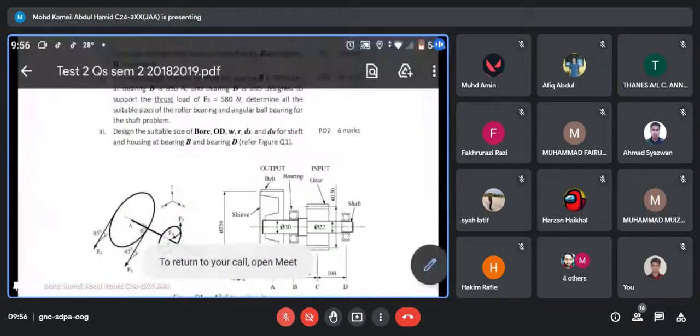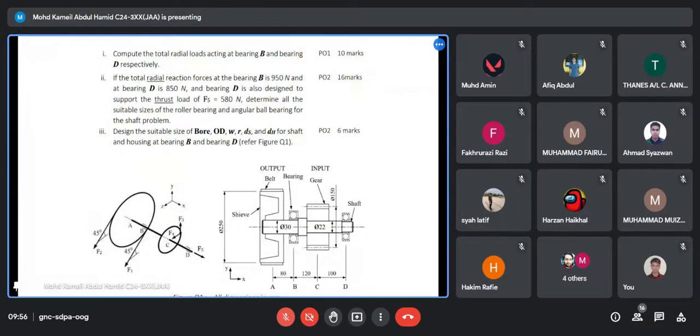Okay, so this is the question. There are 3 parts. Number 1, compute the total radial load acting at bearing B and bearing D. Total radial reaction force at bearing B is 950 Newton, bearing D is 850 Newton. Bearing D is also designed to support the thrust load. Determine all the suitable sizes of the roller bearing and the angular ball bearing for the shaft problem.